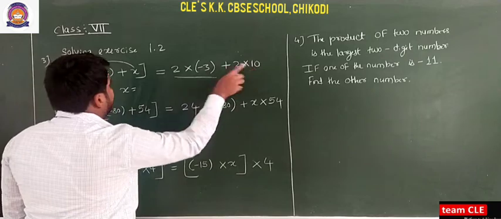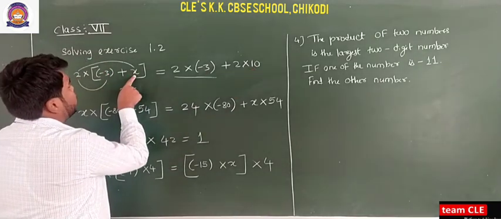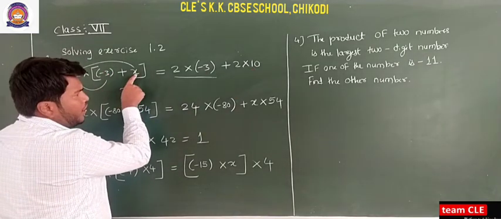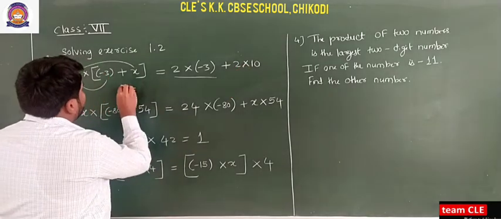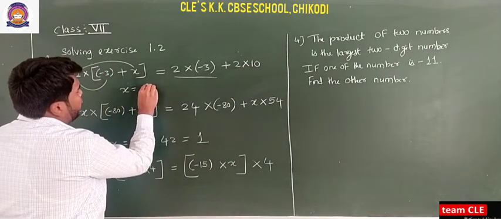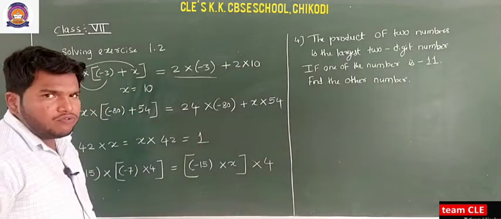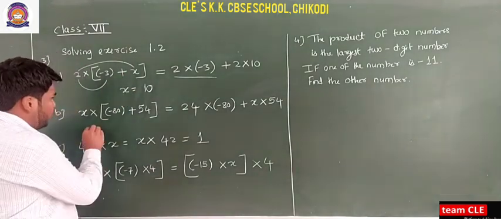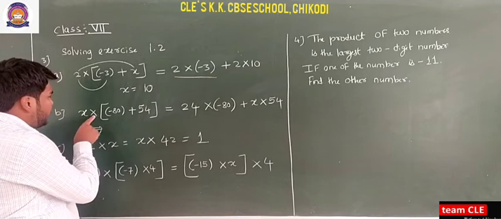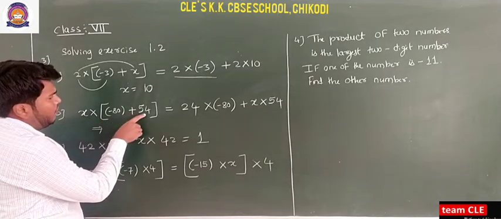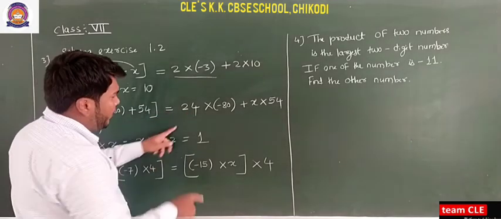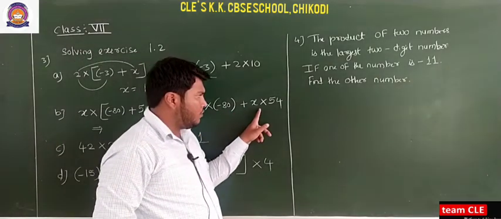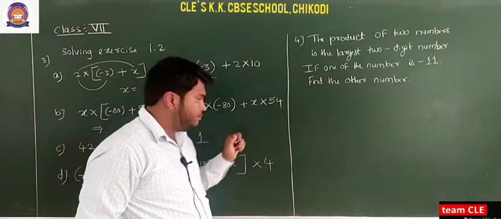If you multiply 2 into x, instead of x, if you substitute 10, you will get 2 into 10. So x equals 10, by using the distributive property of integers. Now the next question: x into (minus 80 plus 54) equals 24 into minus 80 plus x into 54.